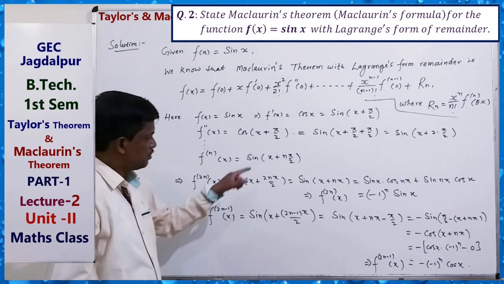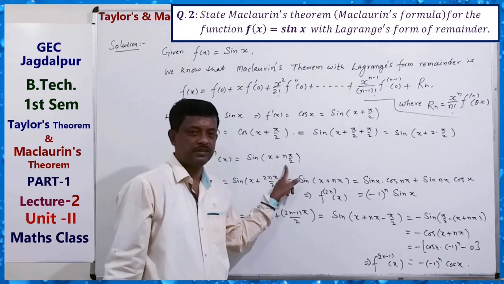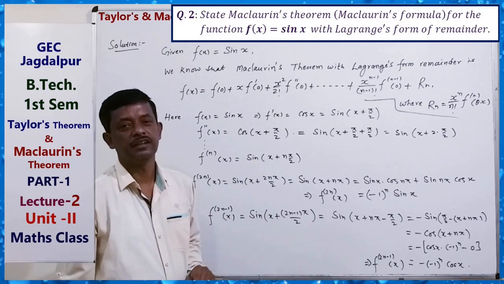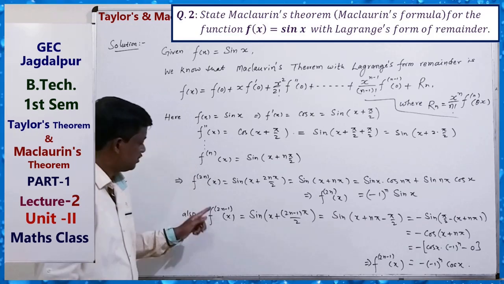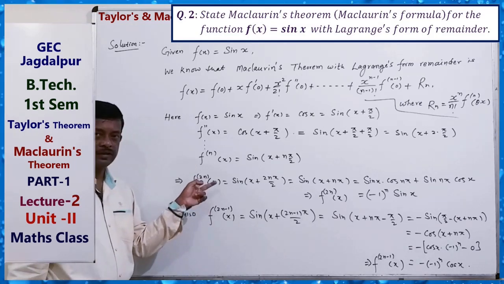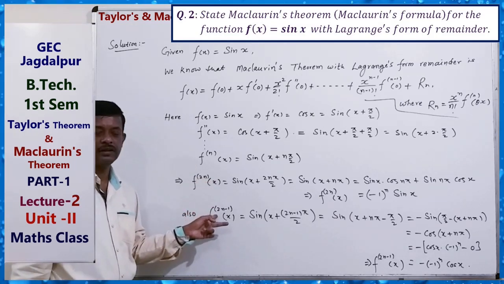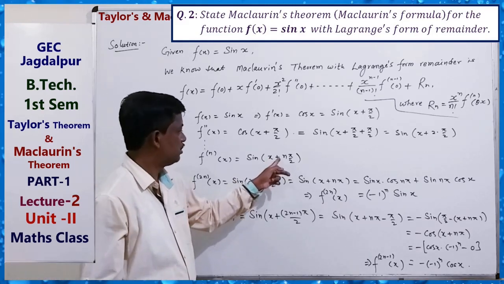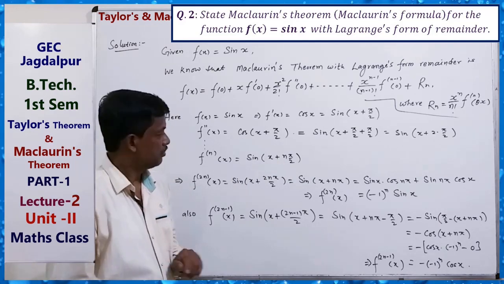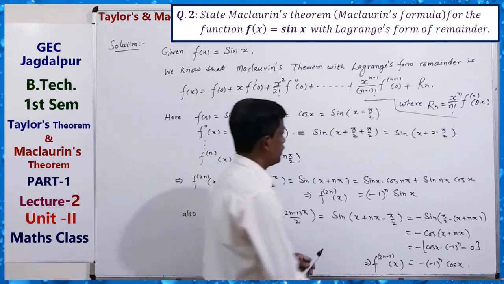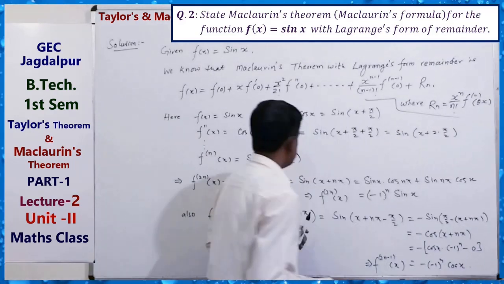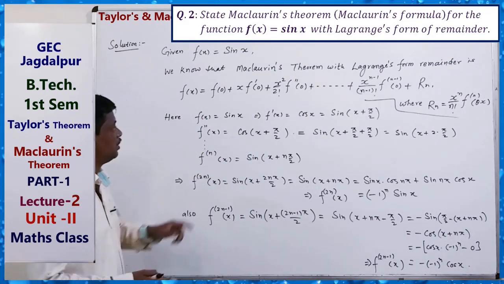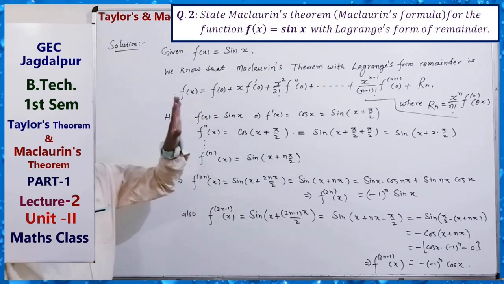Because for solving it we are using the 2n-th and n minus 1 derivatives, by taking that you can solve it. So here, for using this we have to state this theorem.